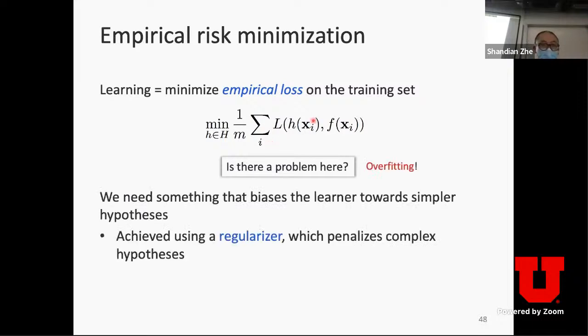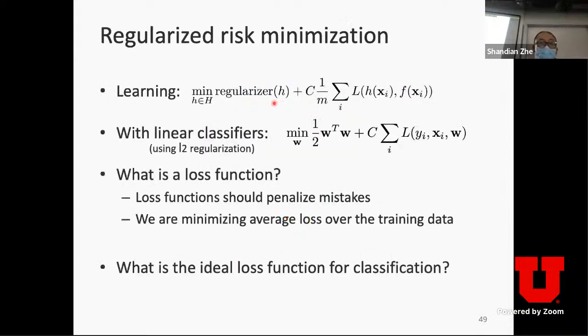So to address that problem, we want some kind of term to penalize complex hypotheses, which is called a regularizer. If we add some regularizer to our training loss, and then we minimize this whole objective function, we call this principle regularized risk minimization.